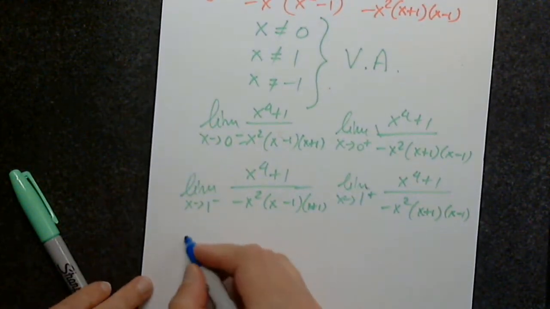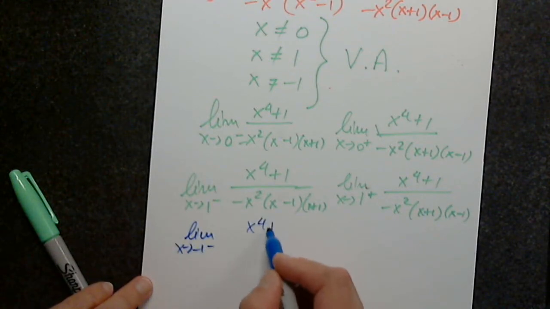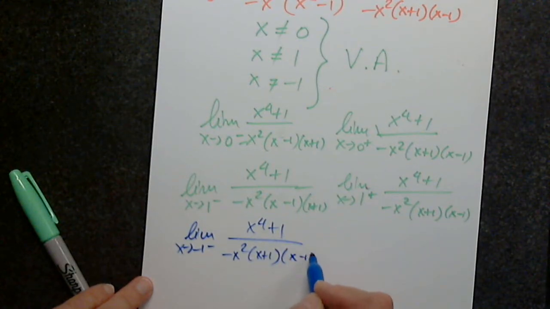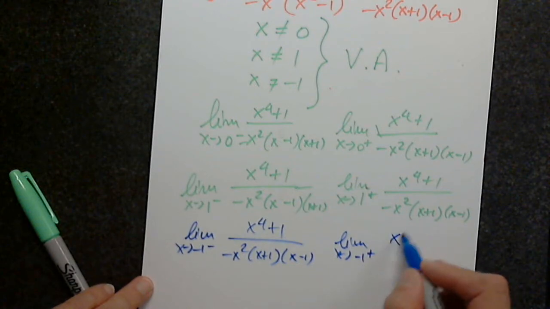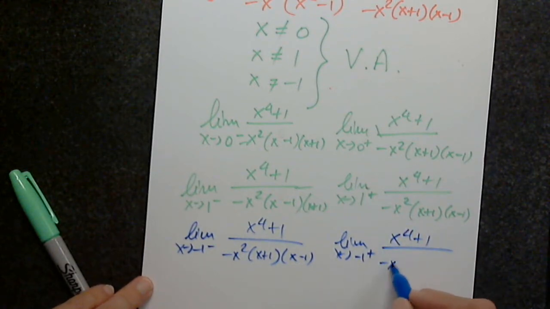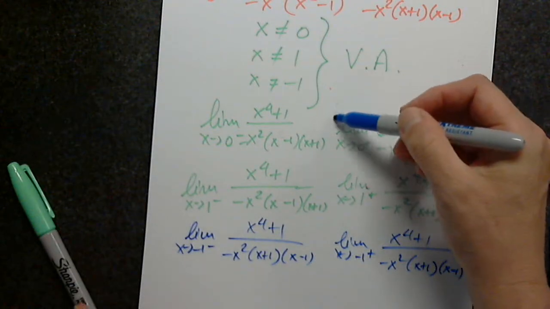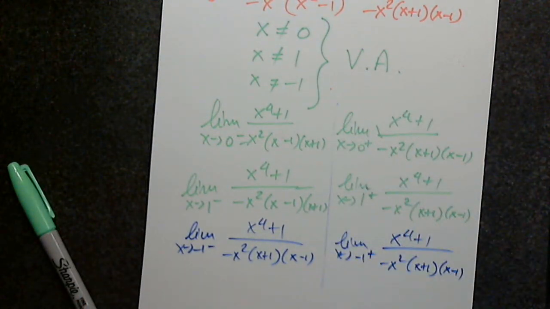So the limit as x approaches negative 1 from the left, and the limit as x approaches negative 1 from the right, of x to the 4th plus 1 over negative x squared, x plus 1, x minus 1. Of course, these are separate. I'm going to have to find a number for each. Basically, infinity, the sign of the infinity.